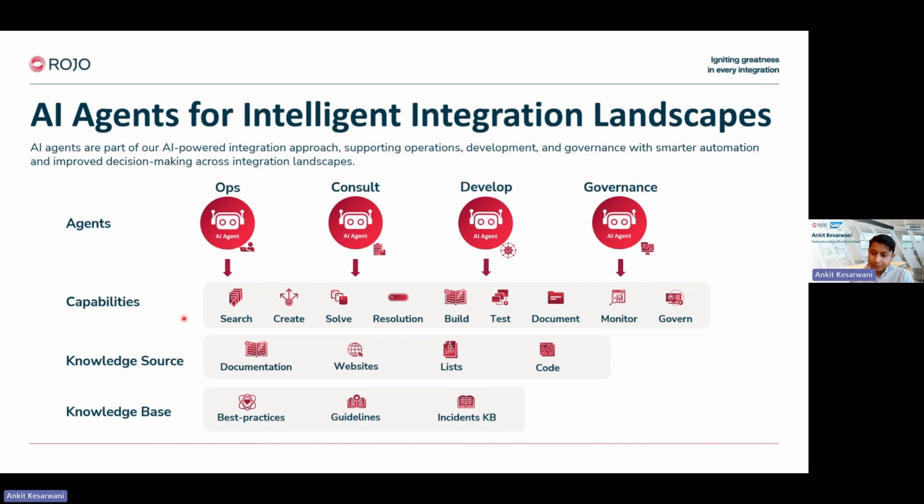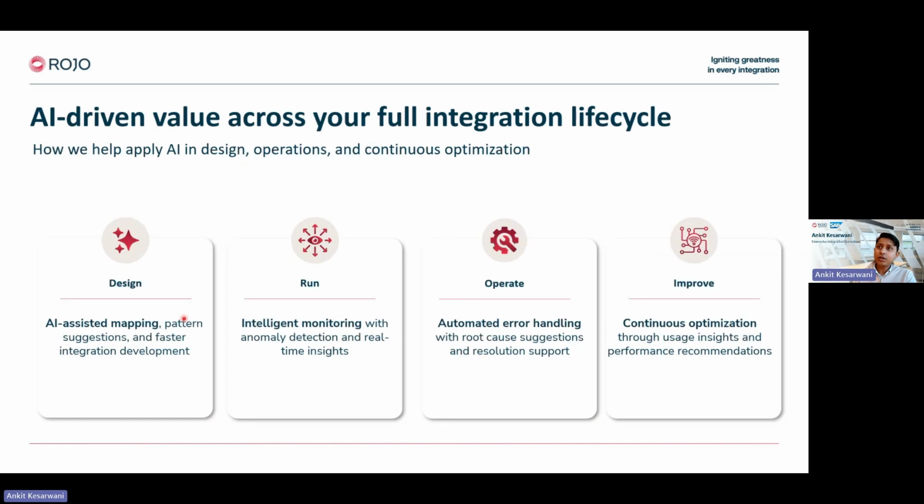So what we will do is, in the coming weeks, we will have a LinkedIn live webinar. We will be focusing on these use cases, how we can have an agent or different agents which can help different personas and the integration life cycle.